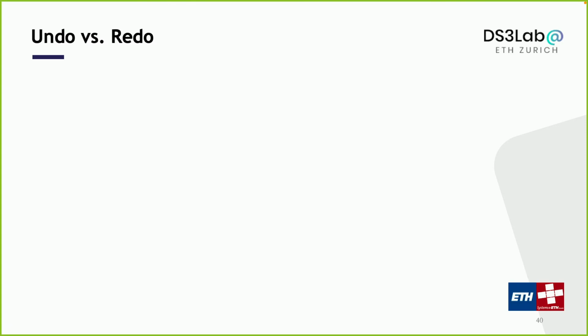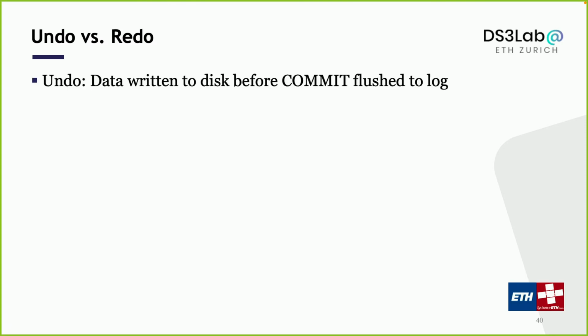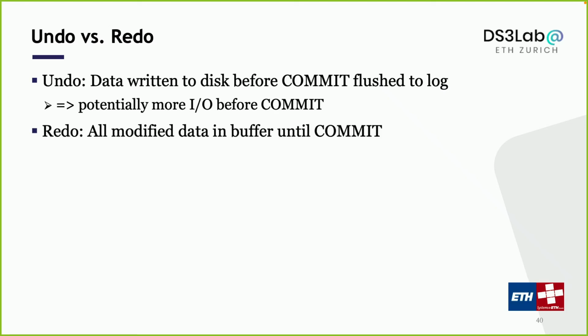Okay, but there's a trade-off between undo and redo. Essentially, with undo logging, your data is written to disk before your commit is flushed to the log, so potentially you have more I/O before commit. For redo, all the modified data stays in the buffer.